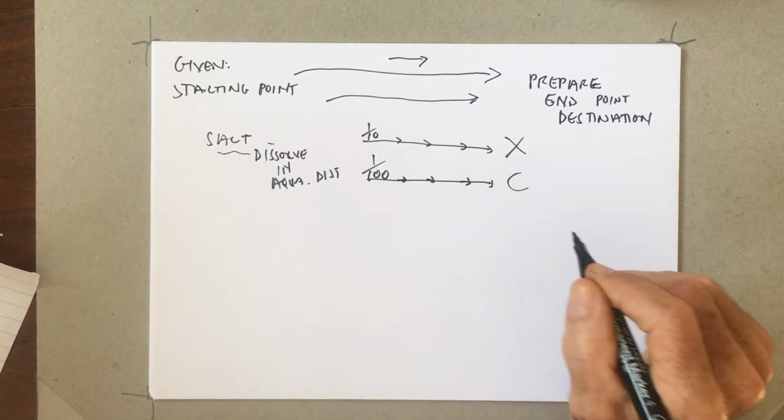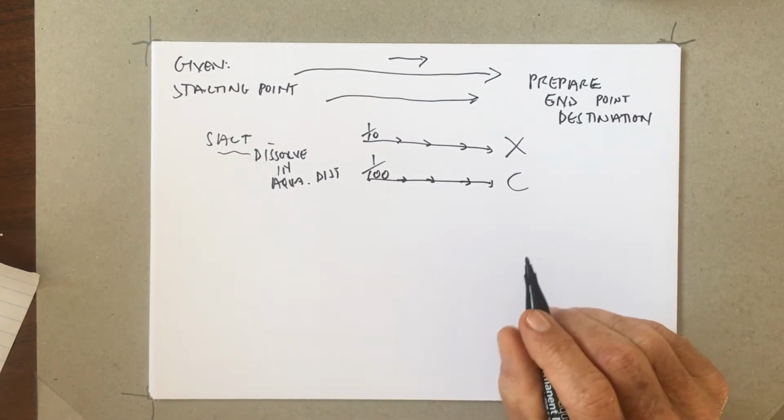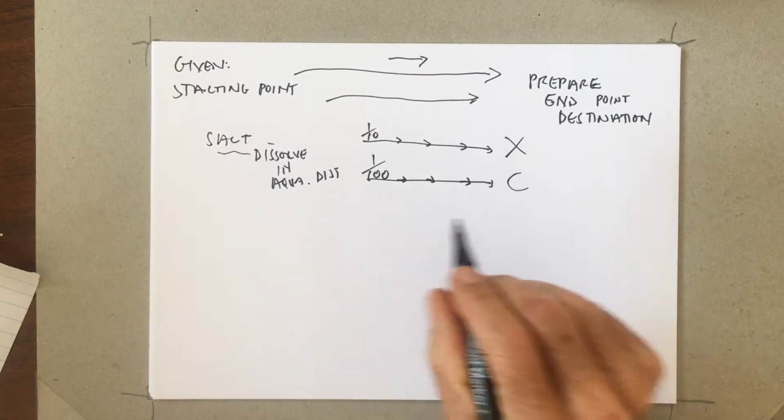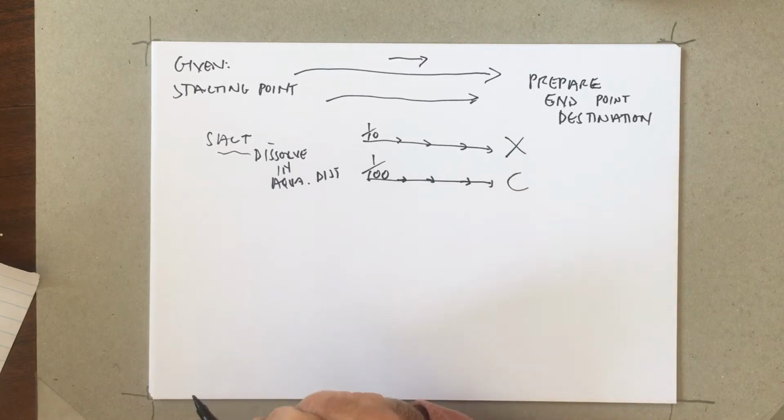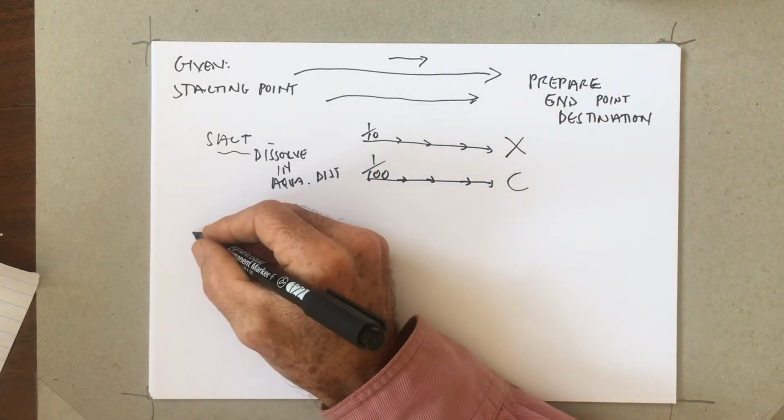Now there are some other cases which are not as simple, but let us say you start off with a given point that is already in a potency.